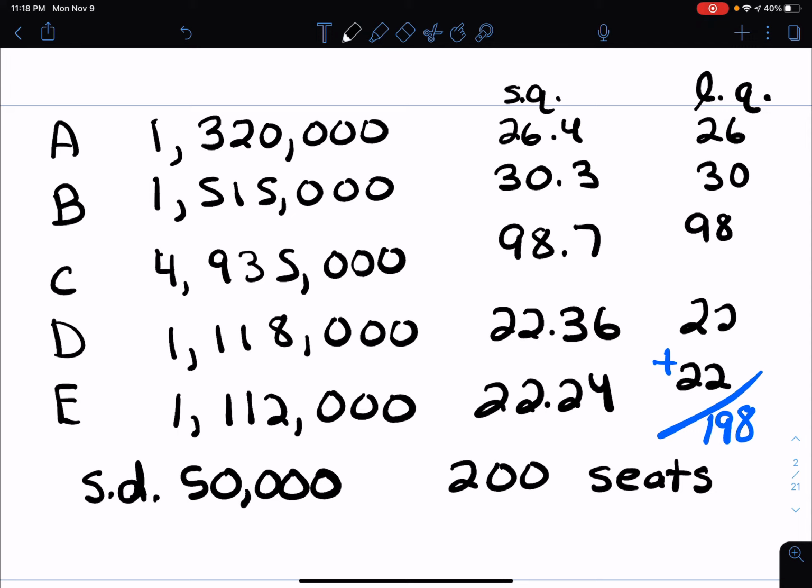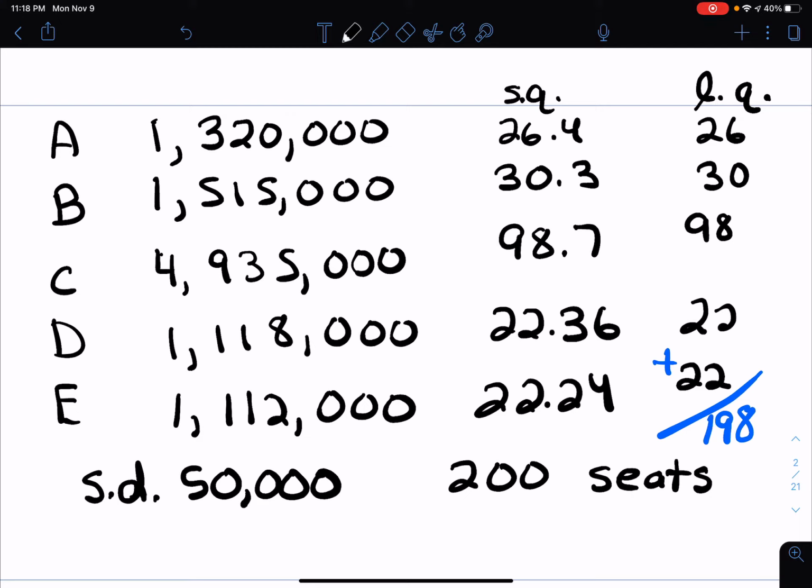In Jefferson's method, he wanted all of those numbers to add up to the 200 seats. Since they don't, now we introduce the whole modified quota concept. We're going to come up with a new divisor, then come up with modified quotas, do the modified lower quota, and figure out what comes out of that.